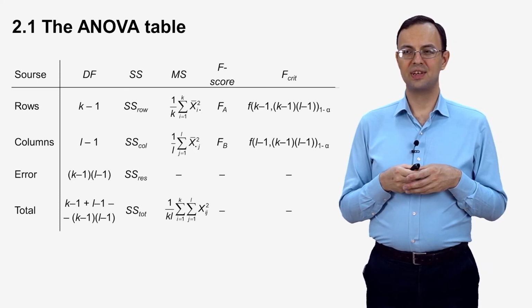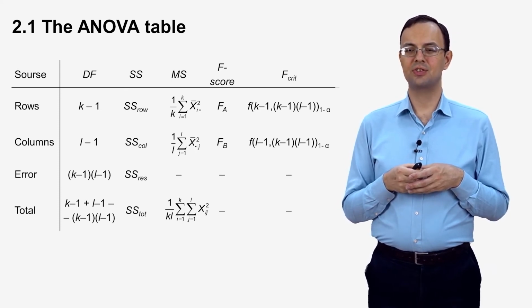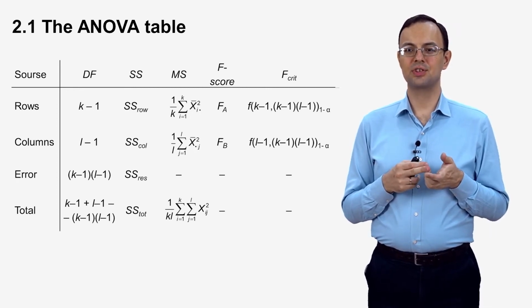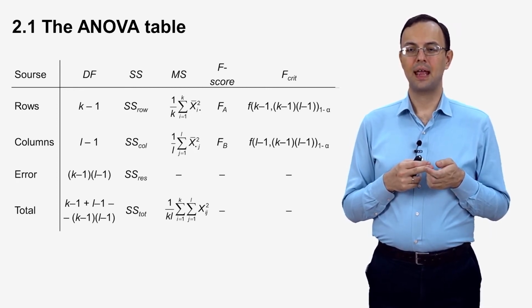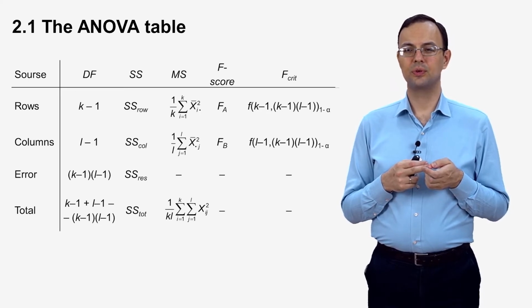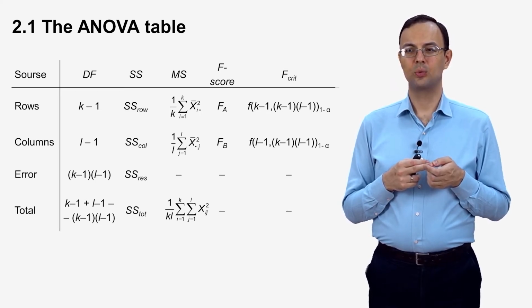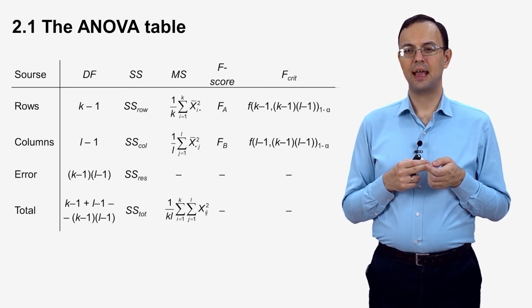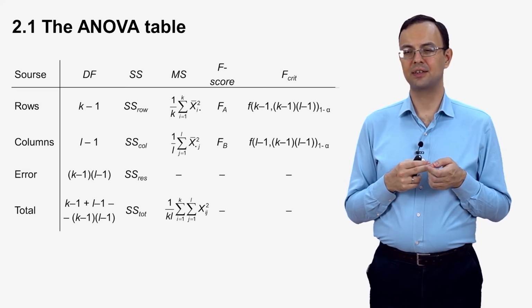So we consider several sources: rows, columns, errors, and total. For each source, we know the number of degrees of freedom, that is k minus 1 for rows, L minus 1 for columns, k minus 1 times L minus 1 for errors, and k minus 1 plus L minus 1 minus their multiplication for the total.